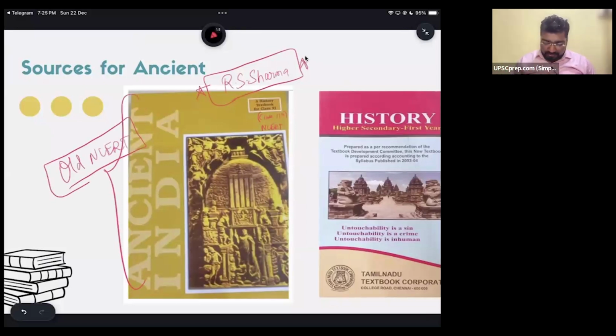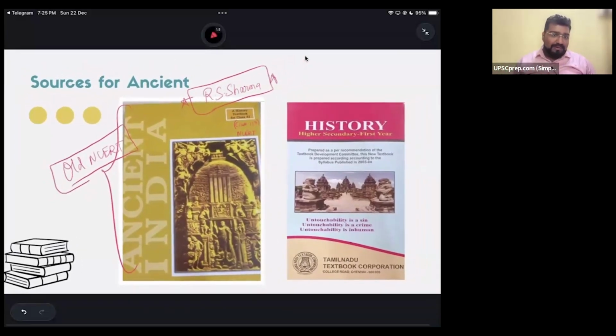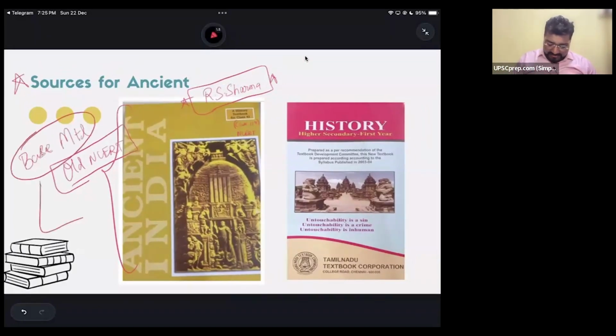Now, what you people need to do, sources for ancient India. See, this old NCERT will be your base material, in the sense, for understanding concepts, for your conceptual clarity, this book, Ancient India, class 11th NCERT, is a must.